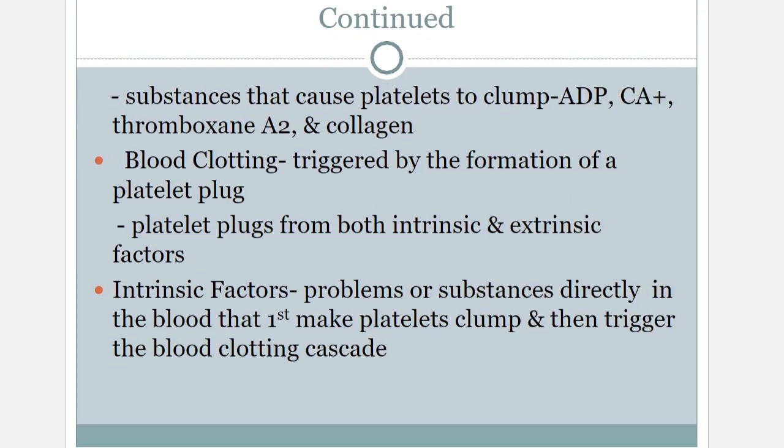And then remember the substances that cause platelets to clump: ADP, calcium, thromboxane A2, and collagen. Okay. And blood clotting is triggered by the formation of a platelet plug. And remember, these platelet plugs occur from both intrinsic and extrinsic factors.